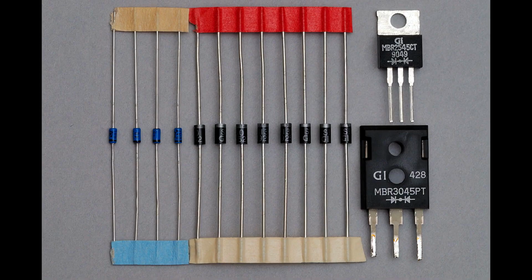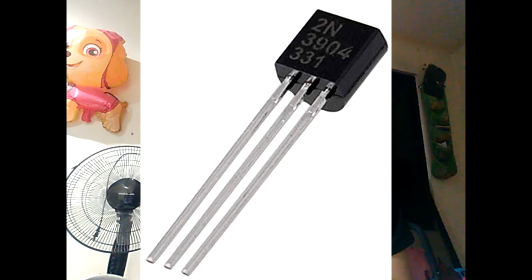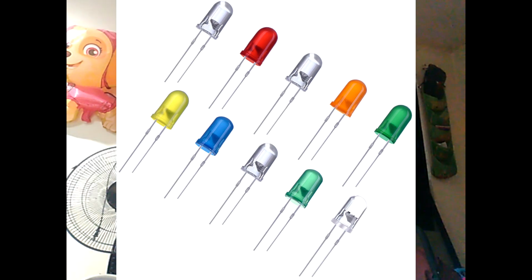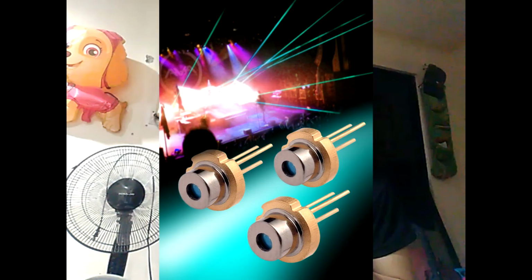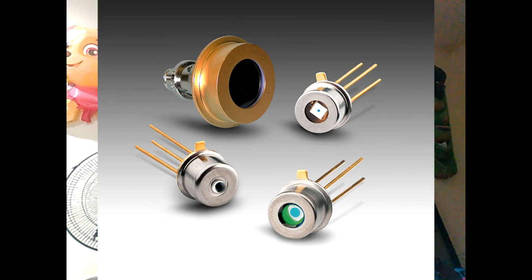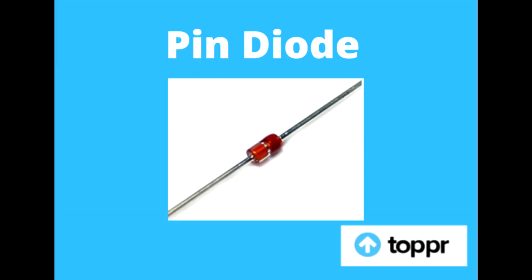The other diodes are point contact diodes, junction diodes, Schottky diodes, avalanche diodes, constant current diodes, crystal rectifiers or crystal diodes, Gunn diodes, light emitting diodes or LEDs, laser diodes, thermal diodes, photodiodes, and PIN diodes.